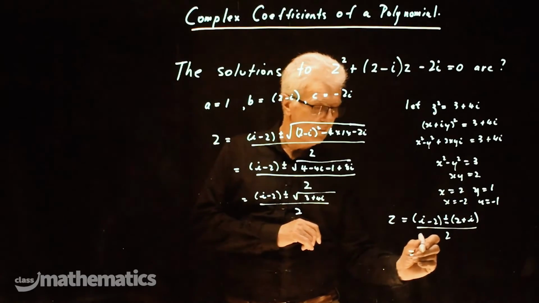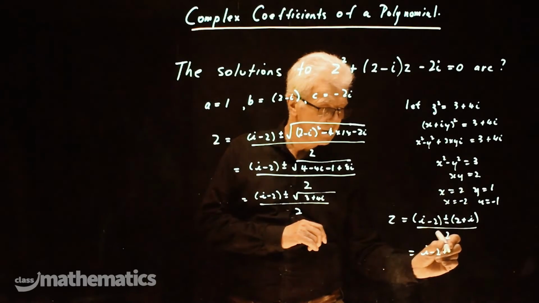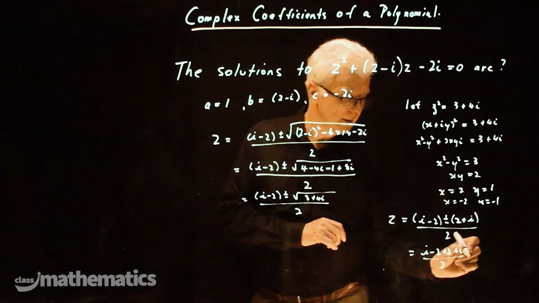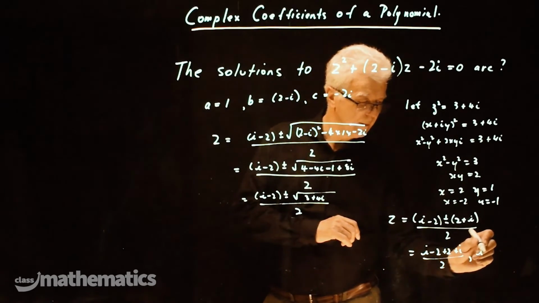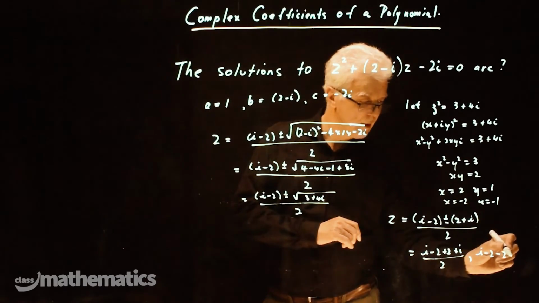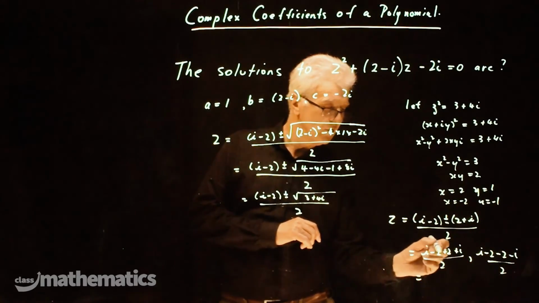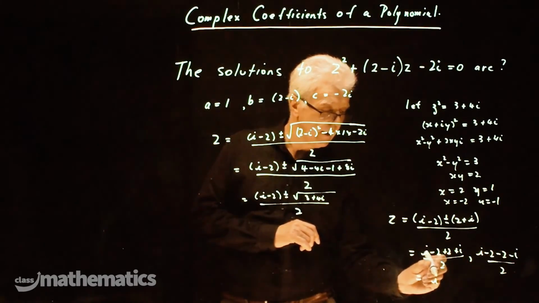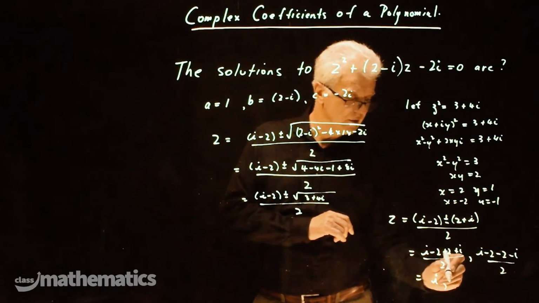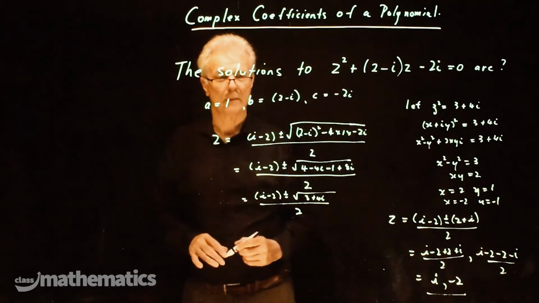And that gives me, taking the positive one first, i minus 2 plus 2 plus i, all over 2, and the other one is i minus 2 minus 2 minus i, all over 2. And that gives me, these 2's cancel out, 2i becomes i, and in this one, the i's cancel out, I get minus 4 over 2, or minus 2 is the other root. Done.